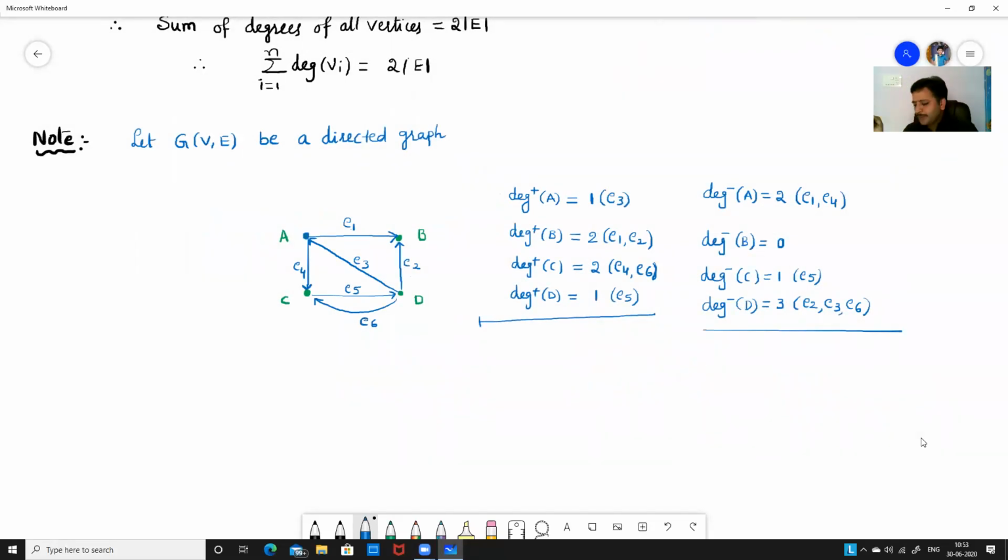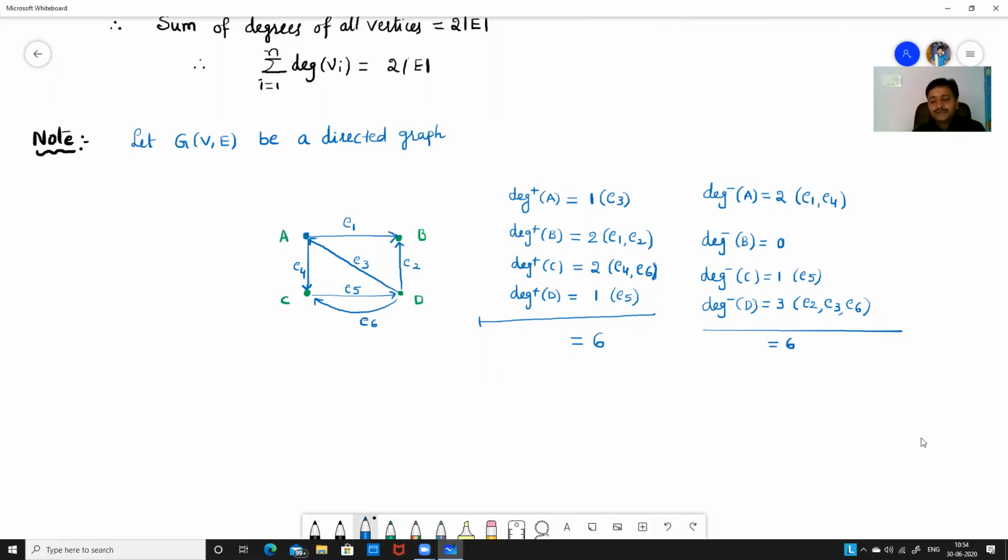The summation runs from i equals 1 to n, but we are going to add only four vertices, right? If I sum up all these values, this equals 6. And similarly, if I sum up all these values, we get a result equal to 6.